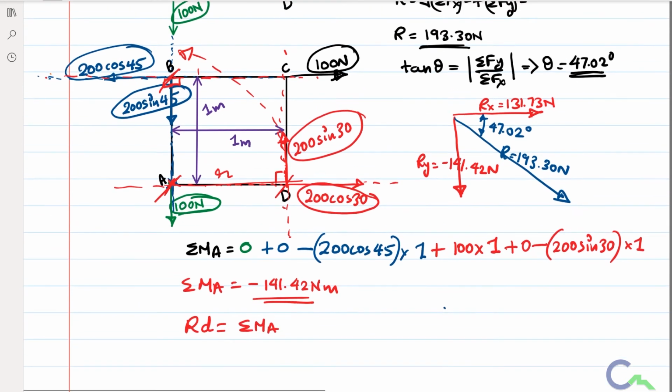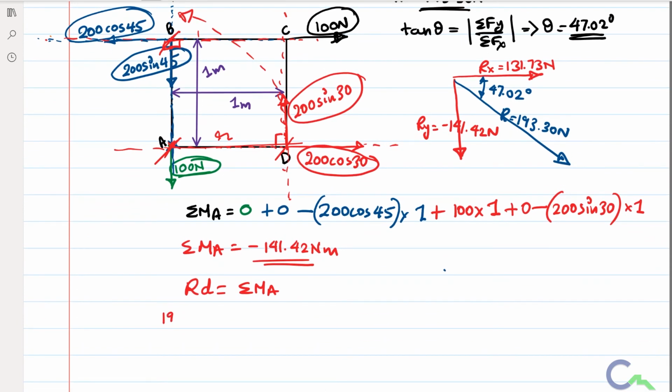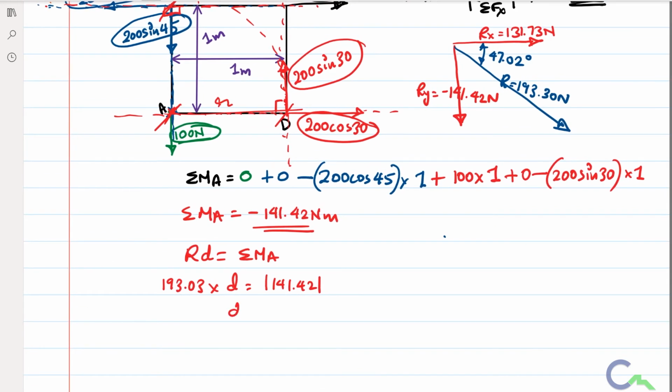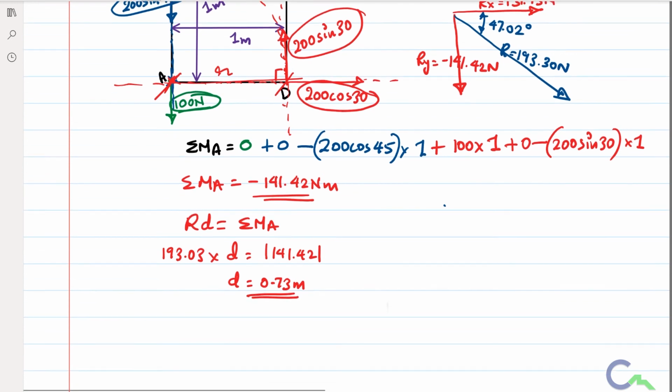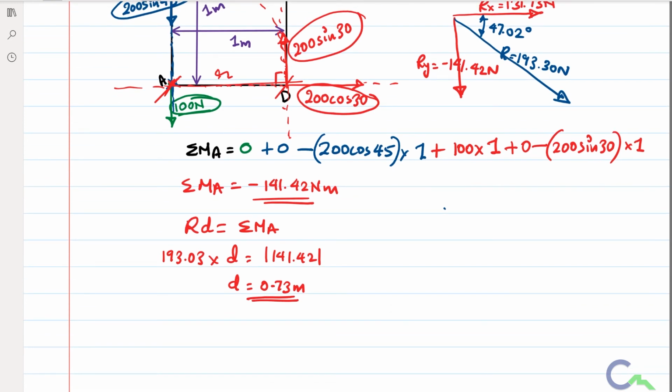So the R value we got in the previous step, 193.03, into D is equal to sigma MA. I have to take the modulus because this is distance. Therefore mod of 141.4 will become plus. Therefore D I am going to get 0.73 meter.